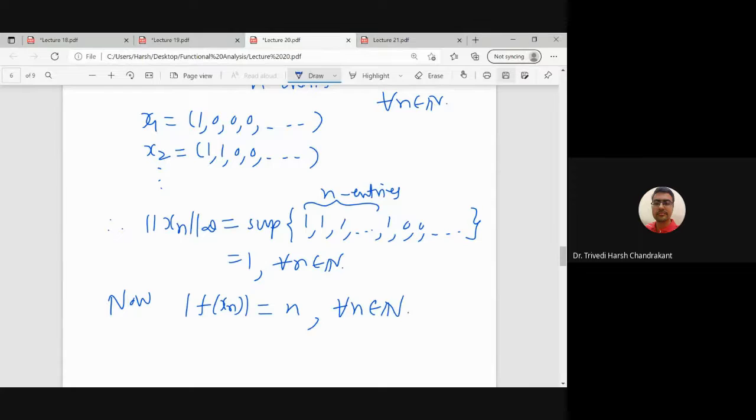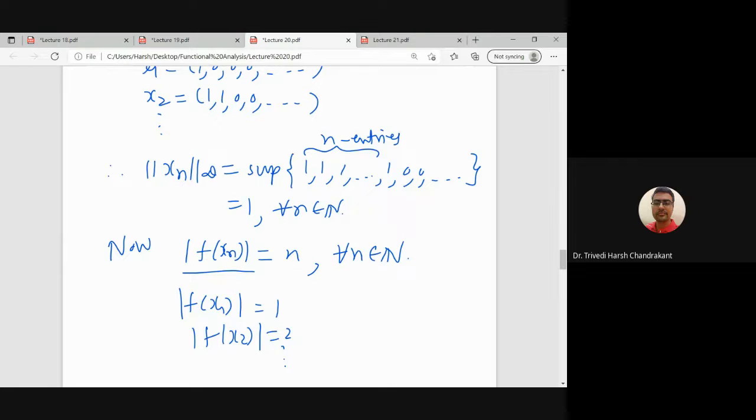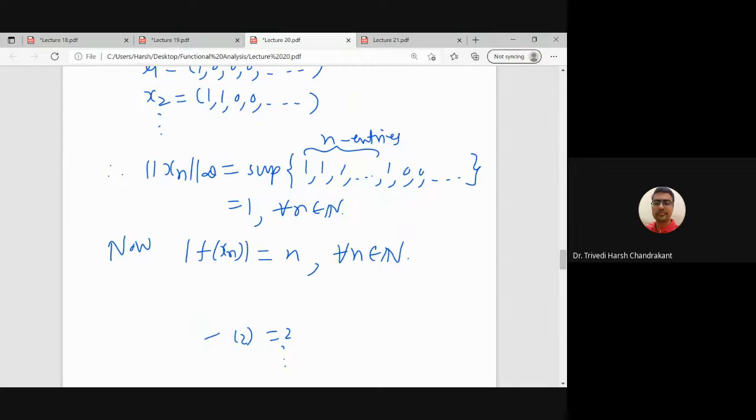Now we can see that the modulus of f of xn is a natural number. So f of x1 is 1, f of x2 is 2, and so on. This number is increasing, so it is unbounded. Basically what we are saying is as n tends to infinity, mod of f of xn converges to infinity.